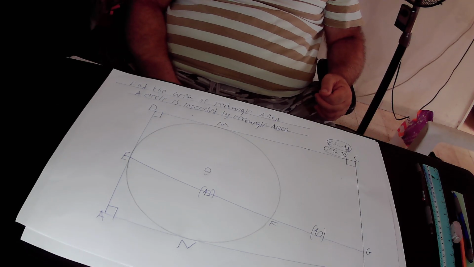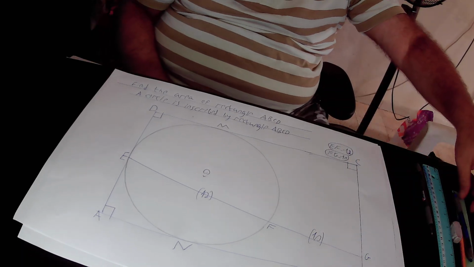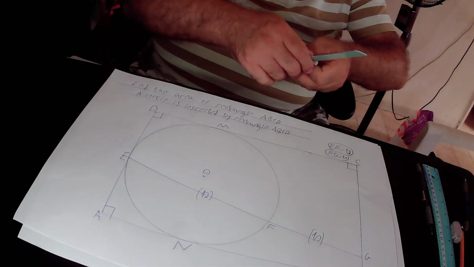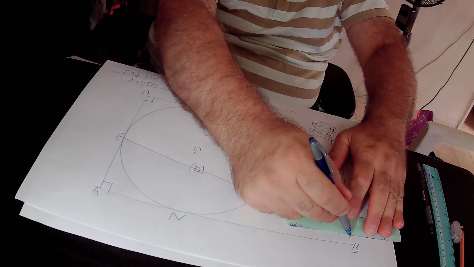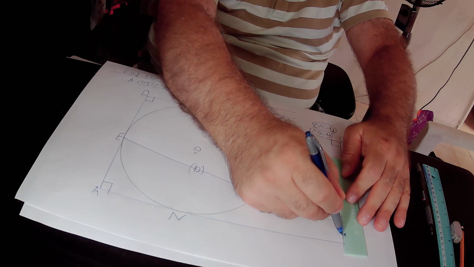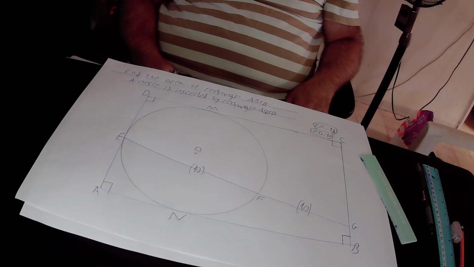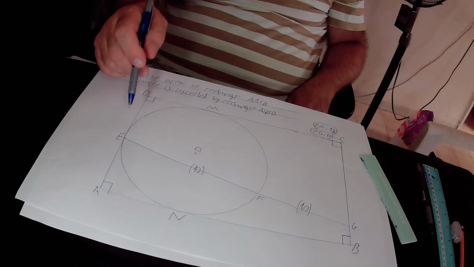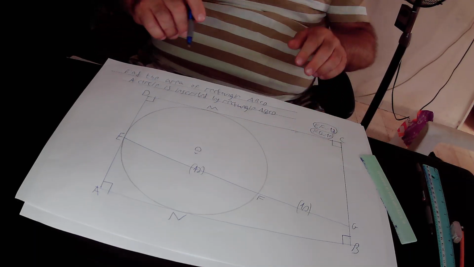So first of all, we know that all the angles inside the rectangle are right angles. So this angle is a right angle. We will define the length of rectangle ABCD. AB, we define AB as the length of rectangle ABCD.